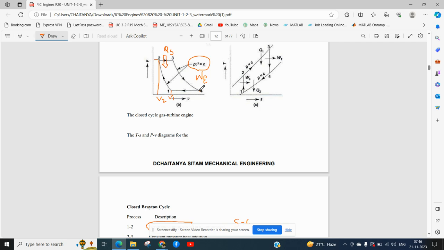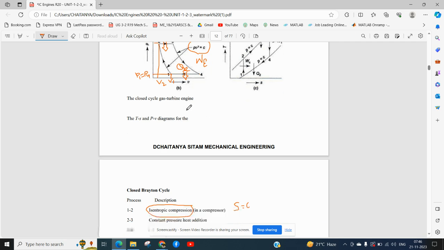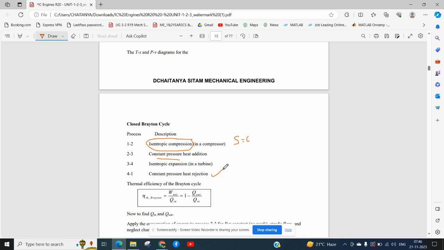After reaching 4 to 1, there is heat rejection to the surroundings, QR, which is also at constant pressure. P1 is equal to P4, and P3 is equal to P2.